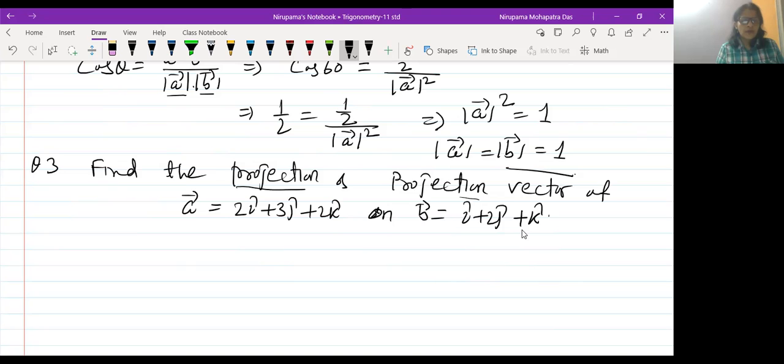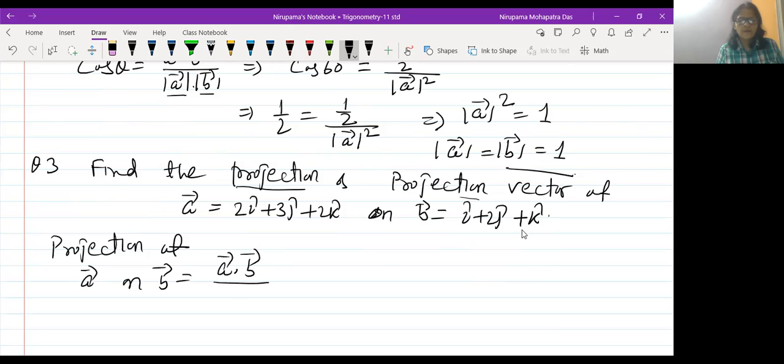So here you can write the projection of A on B equal to A dot B divided by magnitude of B. So that is equal to A dot B: 2 into 1, 2, 3 into 2, 6, 2 into 1, 2, divided by the magnitude of B, root of 1 plus 4 plus 1.